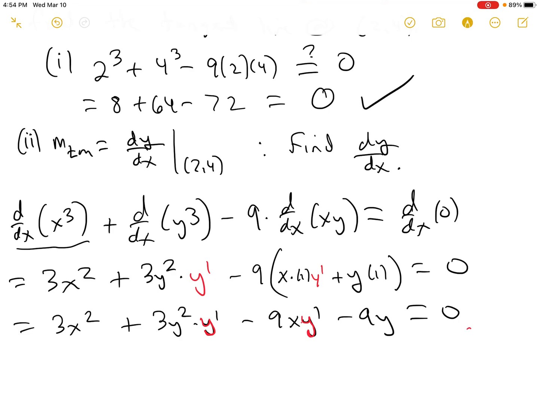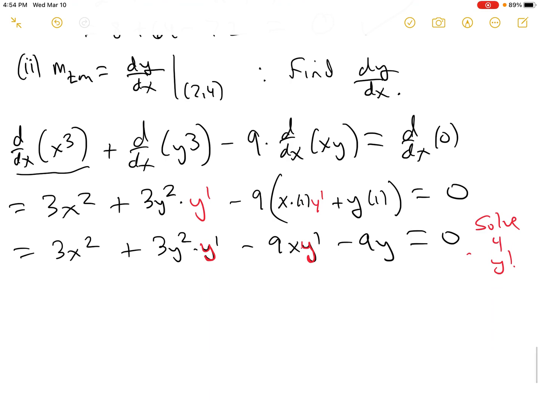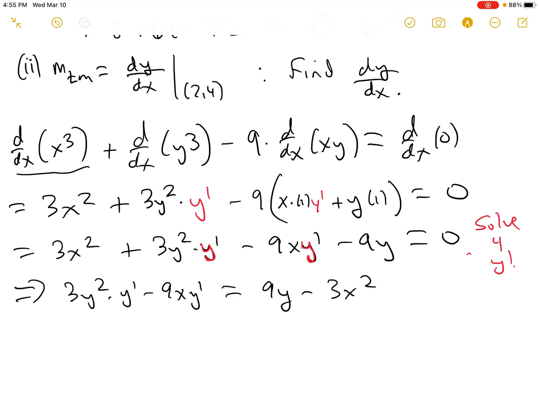Okay, now we're going to solve for y prime. So now I have 3y squared y prime minus 9x y prime equals 9y minus 3x squared. Again, keeping my y primes in red. Okay.